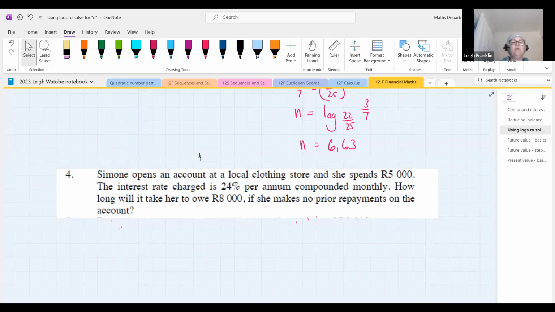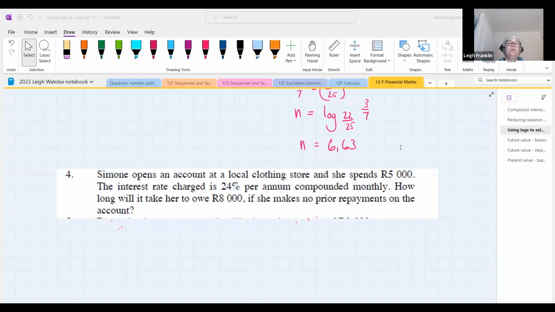All right, so Simone opens an account at a local clothing store. She spends 5,000 Rand. The interest rate charged is 24% per annum compounded monthly. How long will it take her to owe 8,000 Rand if she makes no prior repayments on the account? Now, who was it in the chat that was asking me, how do you know? Tuelo, okay? Look at this question now.